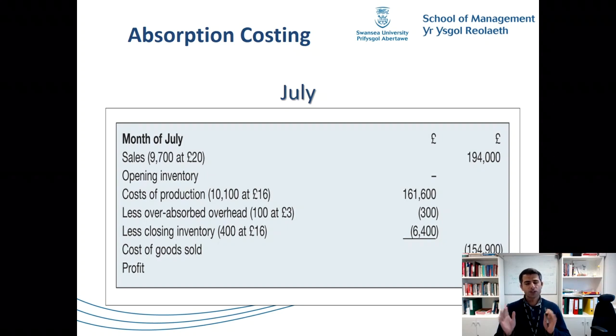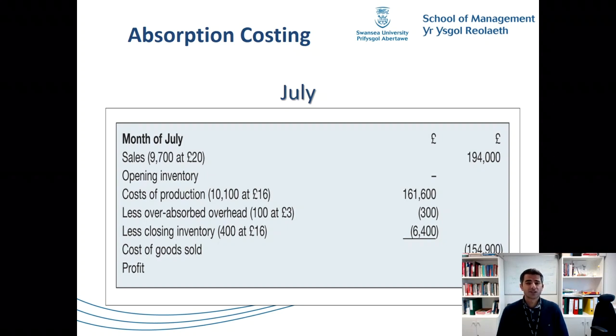Now you need to stop a little bit now and think. The £30,000, the fixed manufacturing overhead, is calculated based on what?